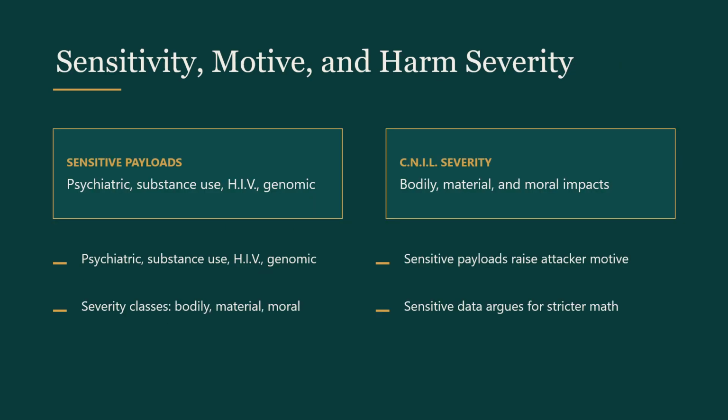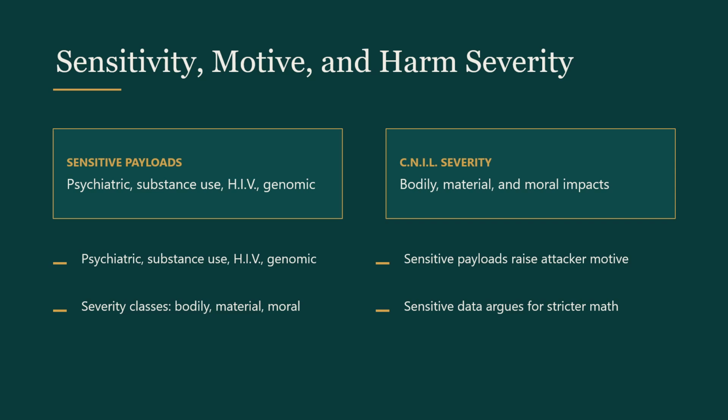There is a fifth dial, and it is the one beginners leave out because it cuts against the direction they want. The sensitivity of the payload itself raises the probability of an attempt. The methodological literature is explicit about this.